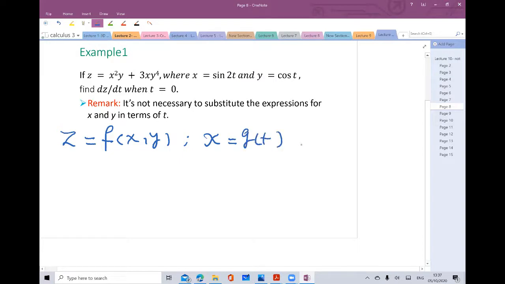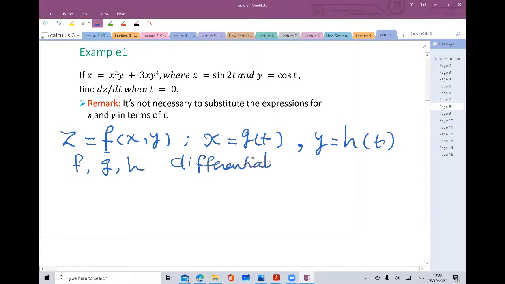That is, x is a function of one variable, and y is another function of one variable. I have these functions explicitly, f, g, and h, and I know they are continuous functions, consisting of polynomial and trigonometric terms. I know that these functions are differentiable on the domain, so I'm safe to use my chain rule.